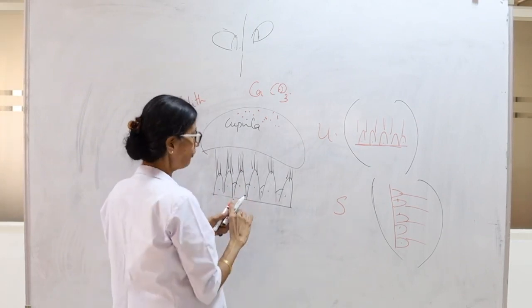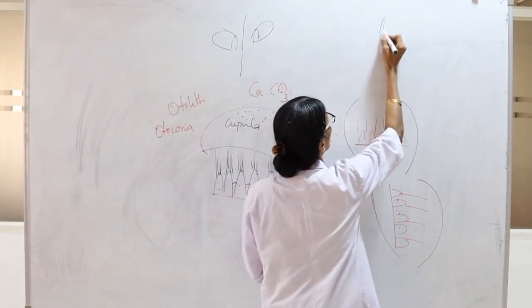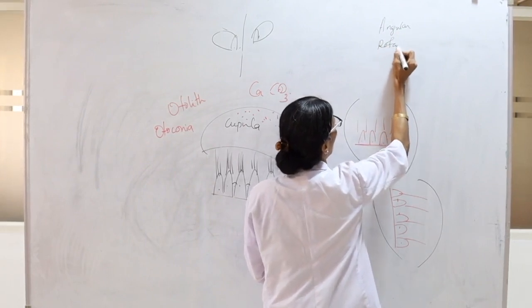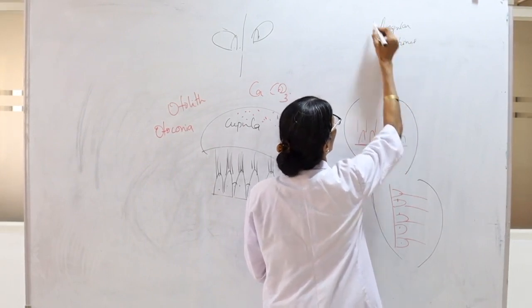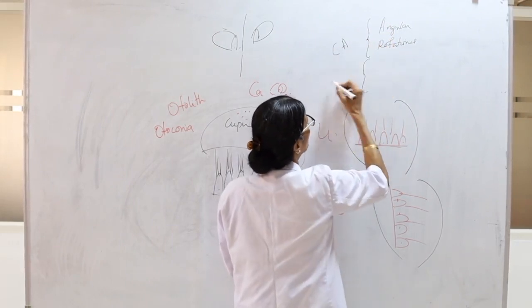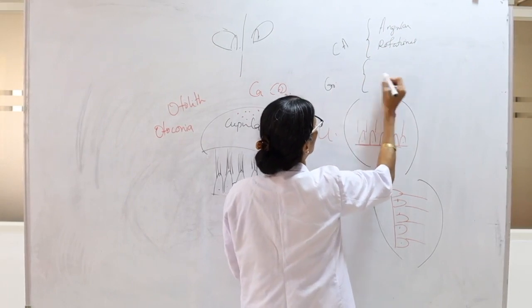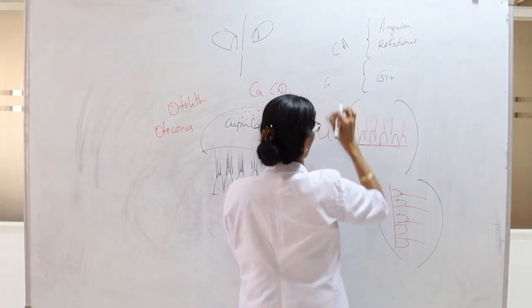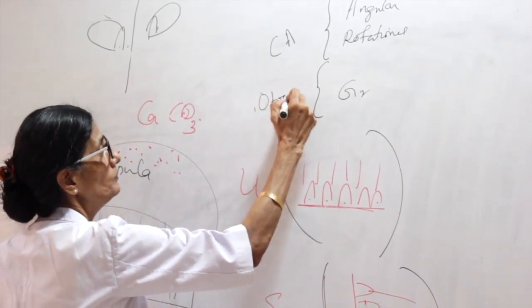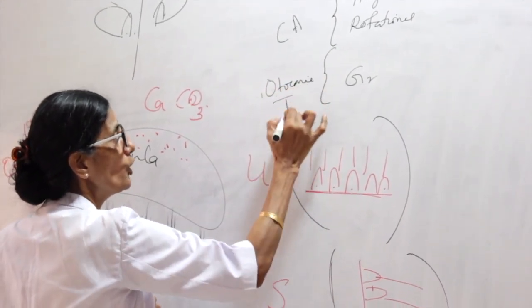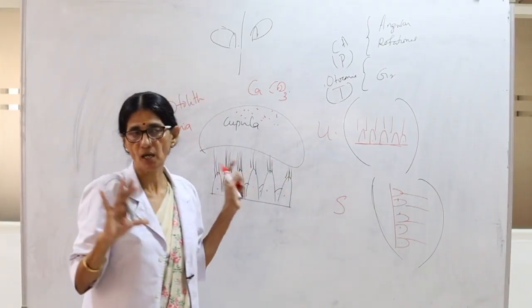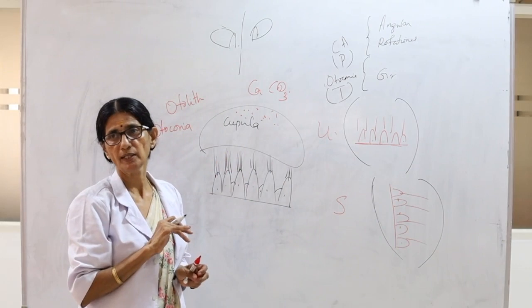So the acceleratory forces can thus be divided into angular and rotational for the crista ampullaris, and gravitational for the otoconia. This is a tonic receptor and this is a phasic receptor, but both are stimulated by acceleratory forces.